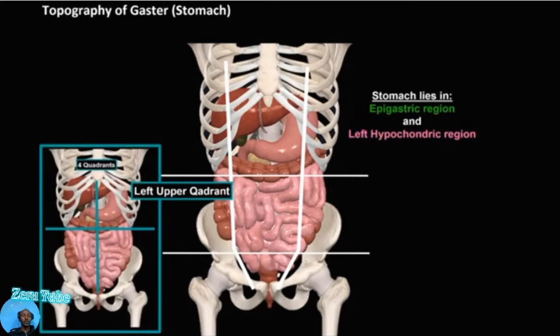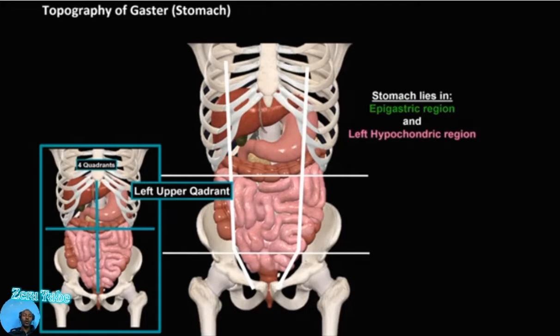When we divide the abdominal wall, that is 9 regions by 4 lines, we can also divide the abdominal wall into 4 quadrants by 2 lines, the vertical and transverse line, mainly the subcostal transverse line.